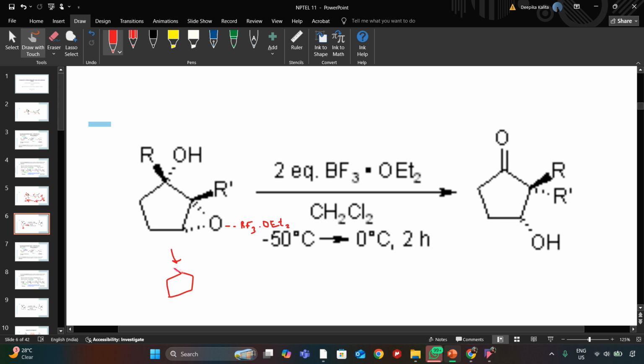So here you can place both the substituents as it is. I'm just showing what is happening with the epoxide ring. So this epoxide ring gets opened because of the binding with the BF3 etherate Lewis acid.